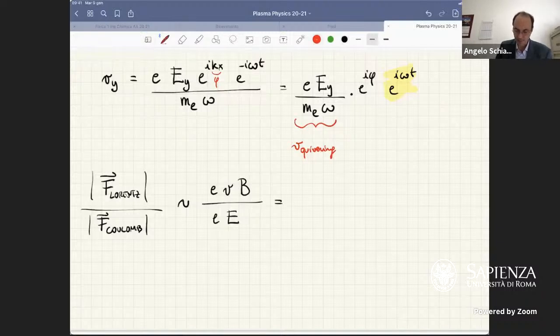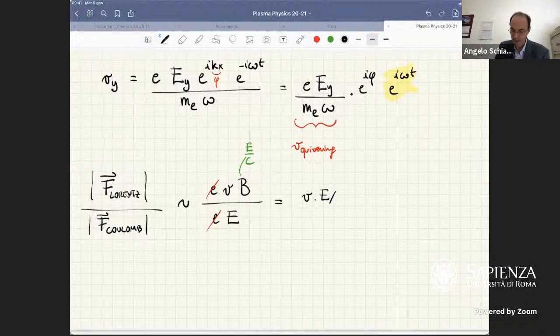Now we can simplify the electric charge, and we remember from general physics that there's a relation between the amplitude of the B field and the electric field. You remember that B in amplitude is equal to E over c. So we have V of the electron times E over c, divided by E, the electric field.